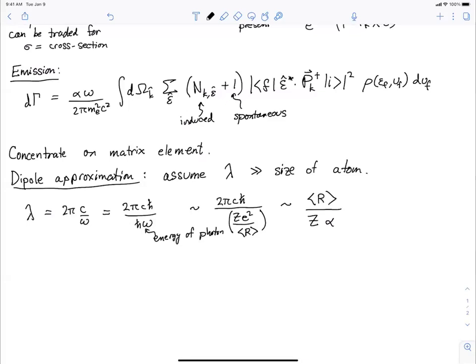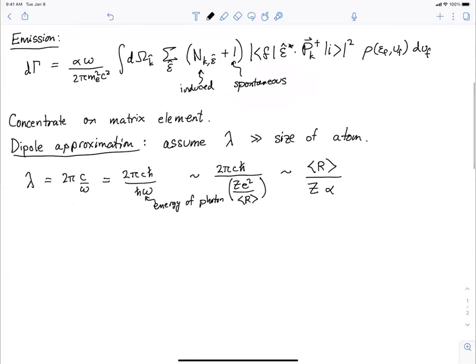So all of this is saying that this will be valid provided that that denominator is very small. Then the wavelength of the light will be much larger than the size of the atom. So that means Z times alpha should be much, much less than 1.